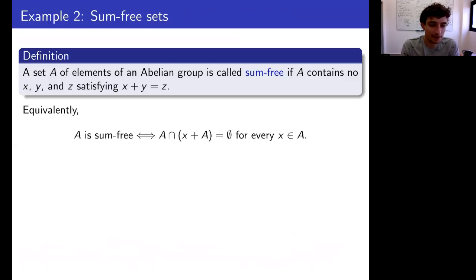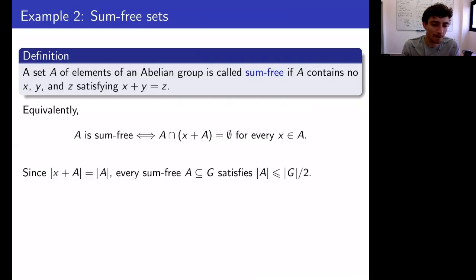Now, equivalently, a set A is sum-free if when I intersect A with any shift of A by an element of A, then the intersection is empty. So what does this imply?